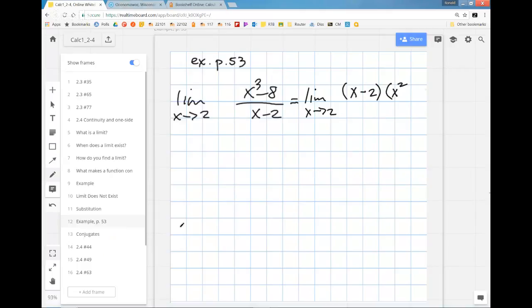x squared, and then on the end here you've got 2 squared, and then you've got negative 2x, and you've got to change the sign on that. So that's the factorization for the difference of 2 cubes again. All right, now a wonderful thing happens. That 2 that's on the bottom, that creates all the problems and means you can't substitute, now cancels.